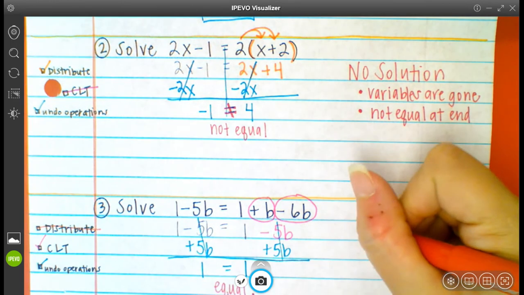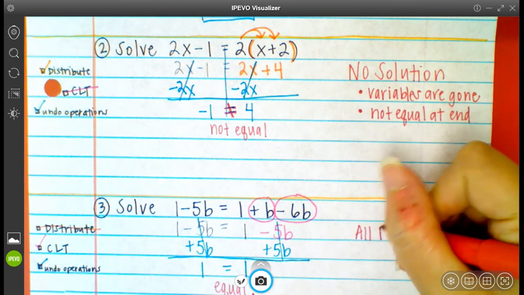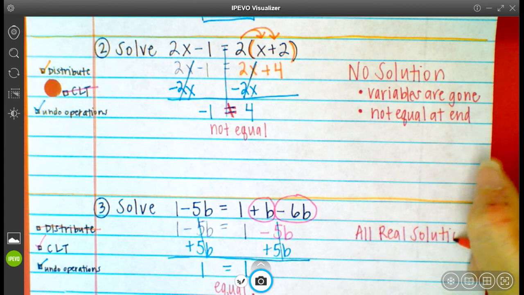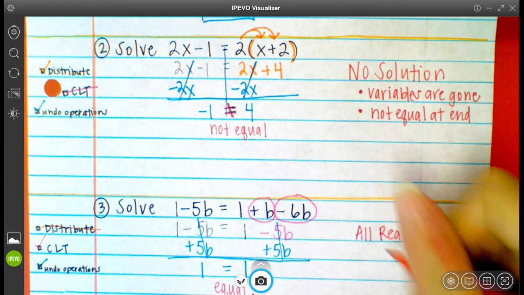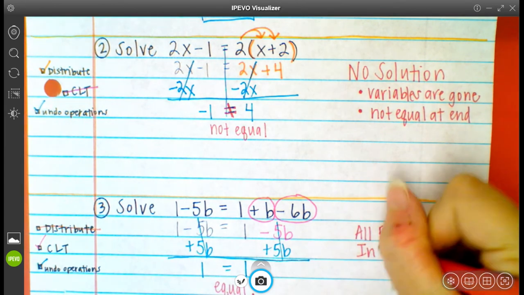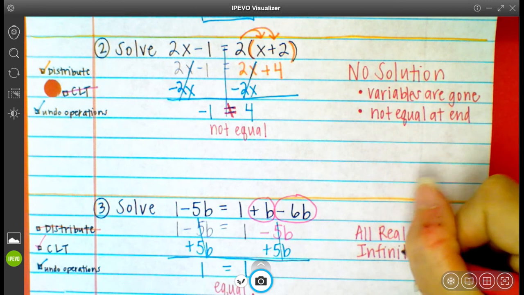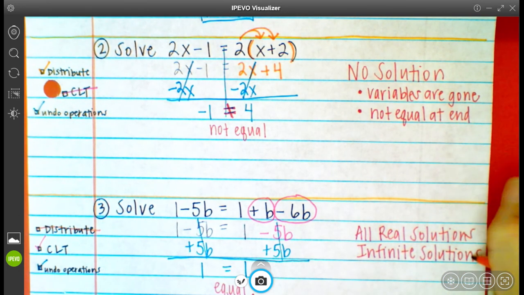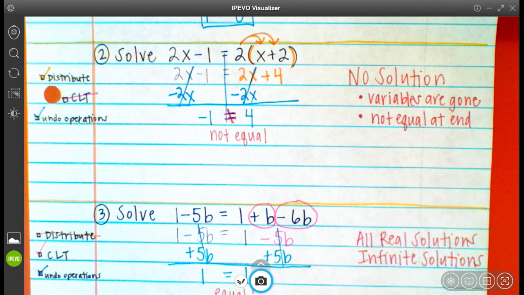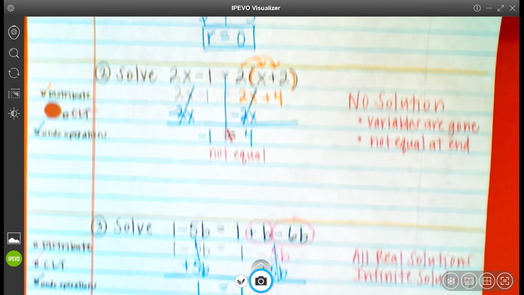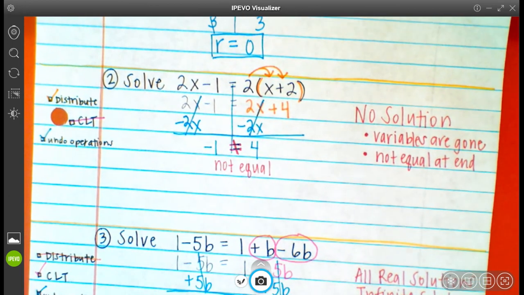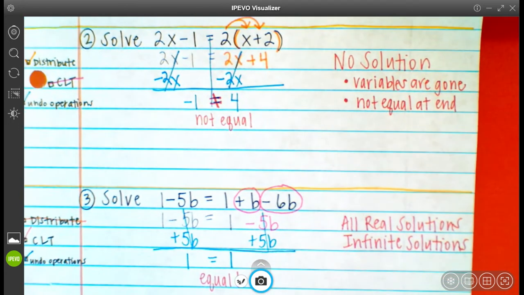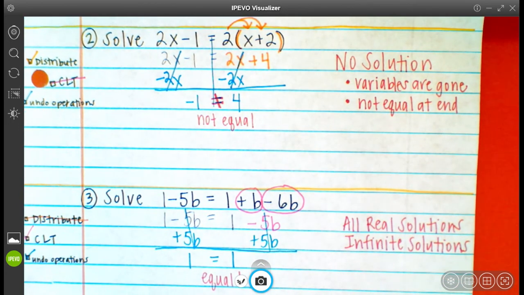We can call this all real solutions, or we can call this infinite solutions. So as many numbers as you can think of, we are allowed to use in this equation, and it will always remain equal to each other on both sides of the equal sign. So because of that, that's why we call it infinite solutions or all real solutions.